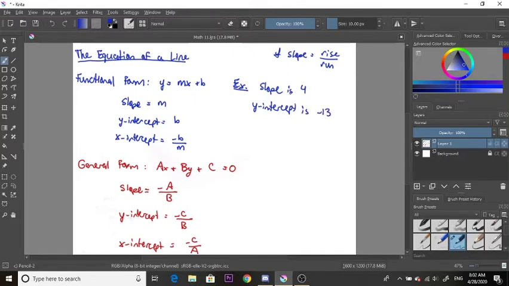We know how to write the formula. This is our m, and this is our b. So y is equal to our m, which is 4, times x, plus our b, which is, in this case, -13. So this is your formula.